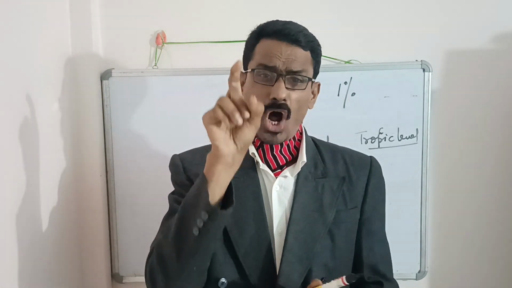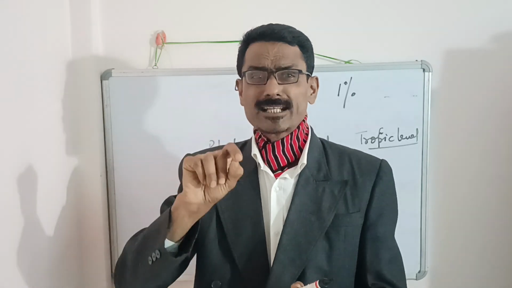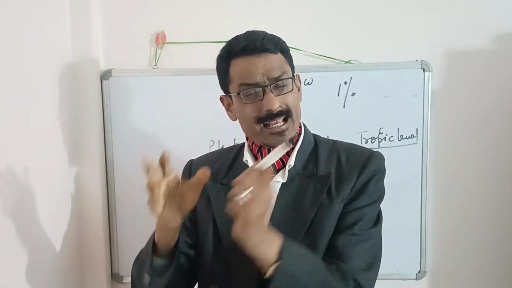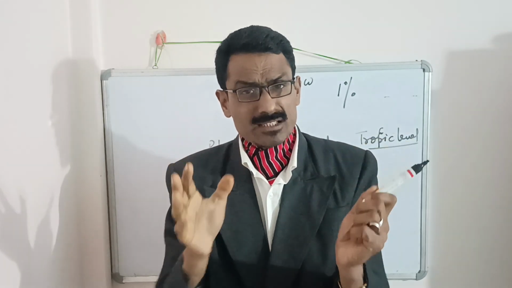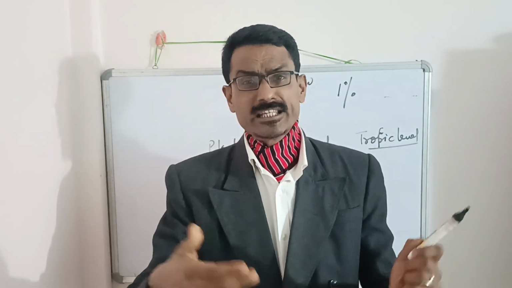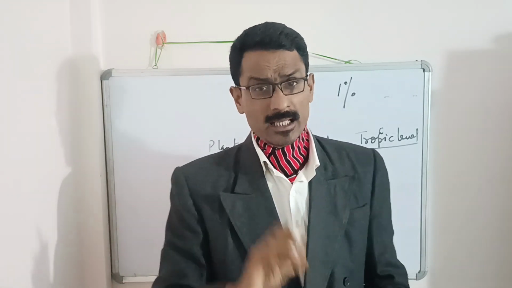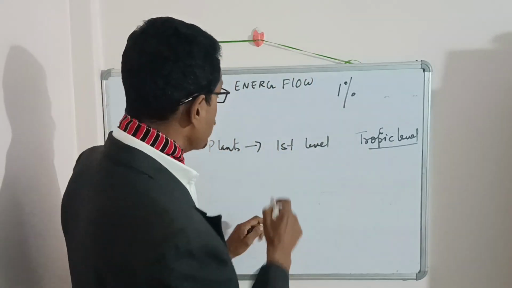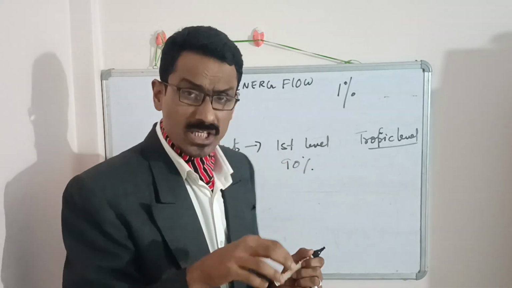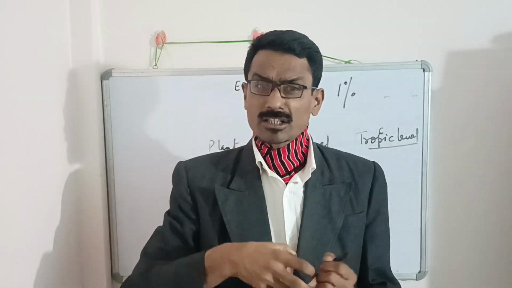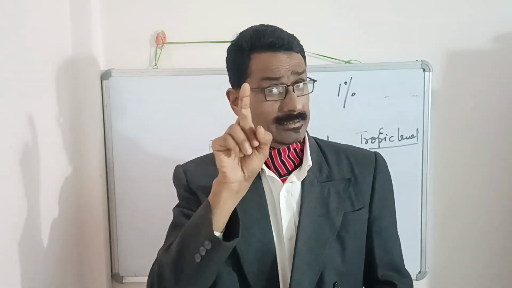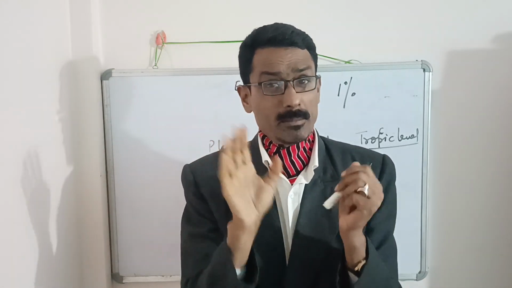So the plant is not performing photosynthesis to give food to others. It is doing the process for its growth, development, and metabolic activity, respiration, etc. And in that case, the plant will be using 90% of its energy for its growth and development. Now students, that is the most important thing you have to keep in mind.